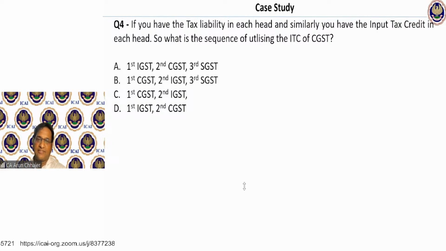Abrakesh, Viraj has given the answer. Any other participant? What is the right answer?